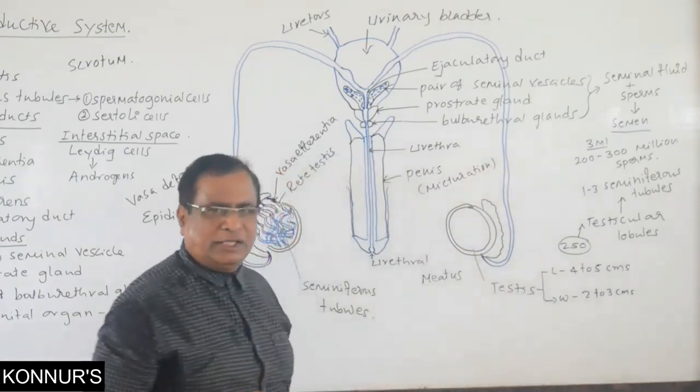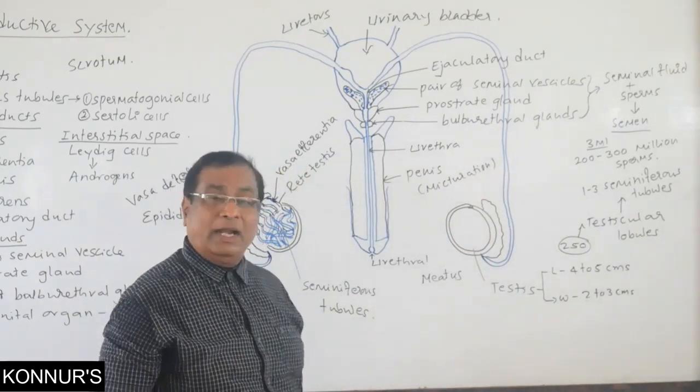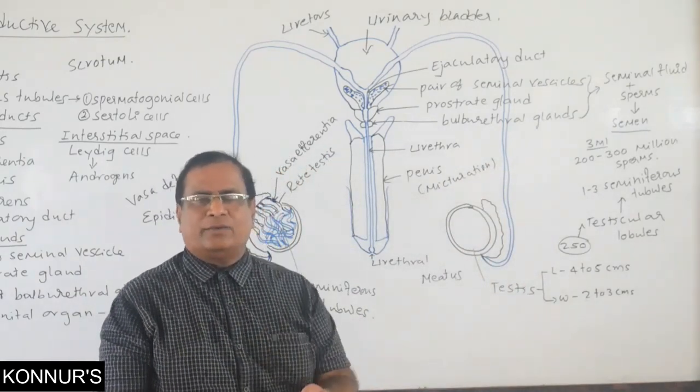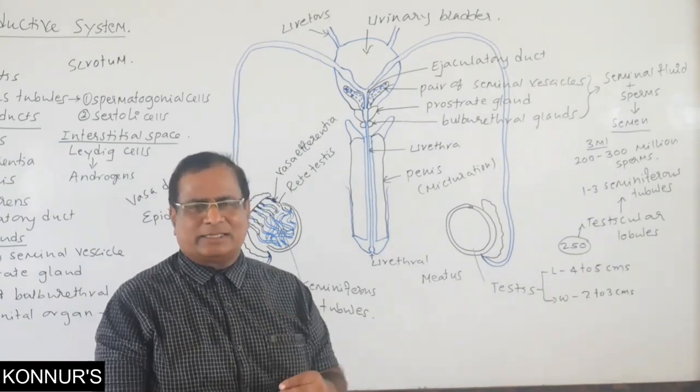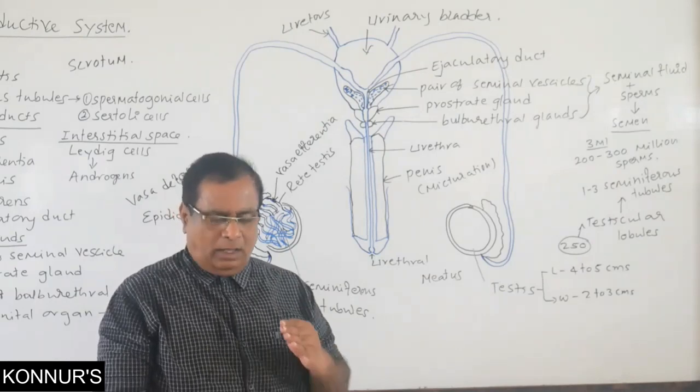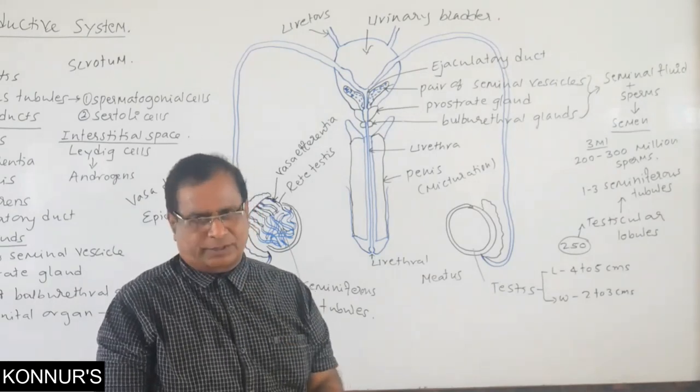Micturition means urination. The penis is also meant to introduce semen into the genital system of females at the time of sexual intercourse.